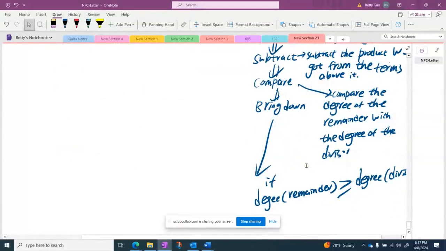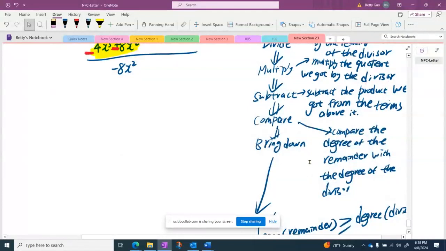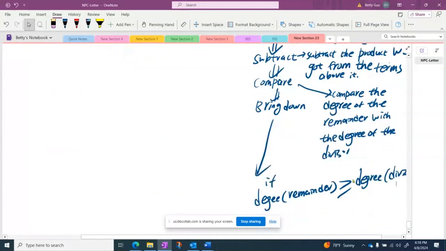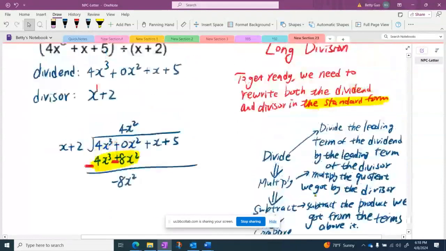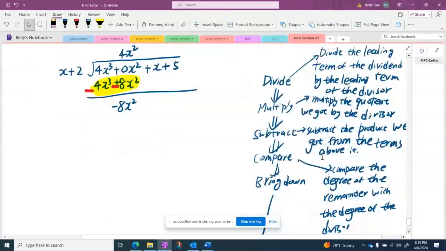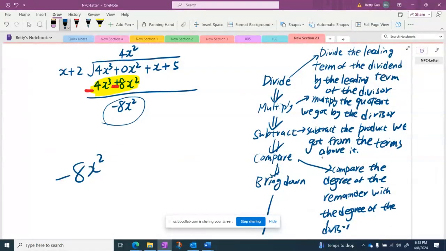Let me repeat it. Compare and bring down are pretty close, two steps. We compare the degree of the remainder with the degree of the divisor. If the degree of the remainder is not less than the degree of the divisor, we bring down. The remainder is negative 8x squared, so the degree of the remainder is 2.